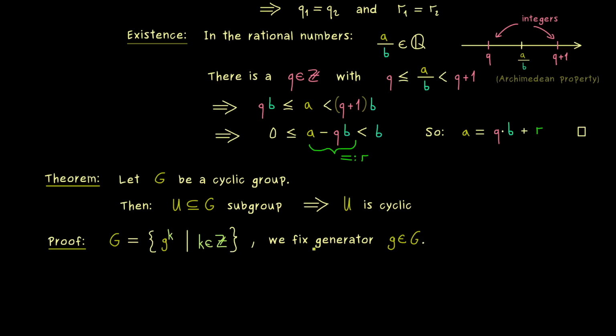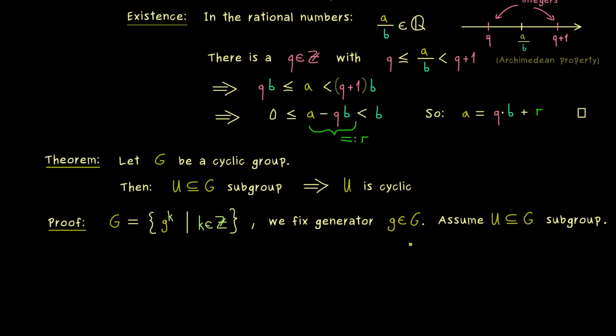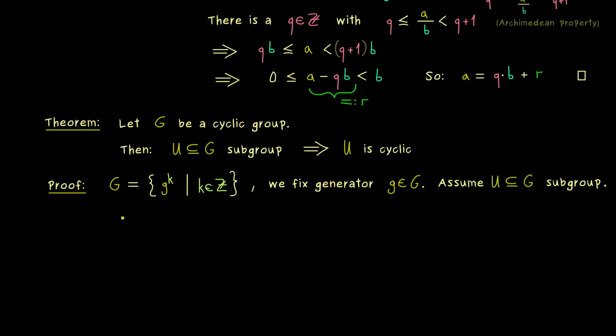You already know this generator g is not unique, but we can just take one. And now the question is simply, what is the correct generator for our subgroup U? In general, this should not be our lowercase g, because otherwise we would get back the same group G. So if we have a non-trivial subgroup, we should find a different generator.